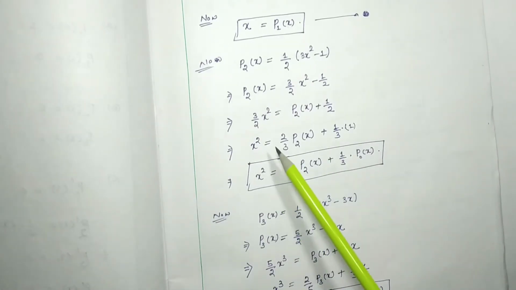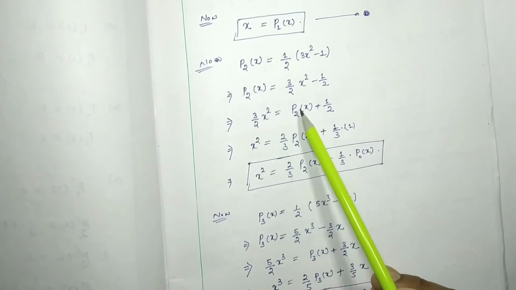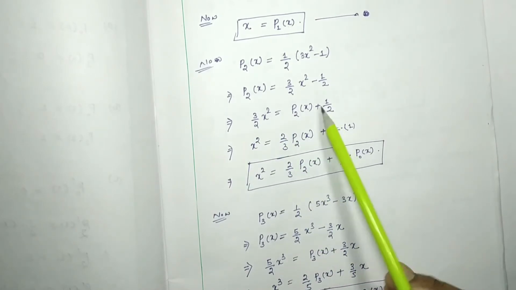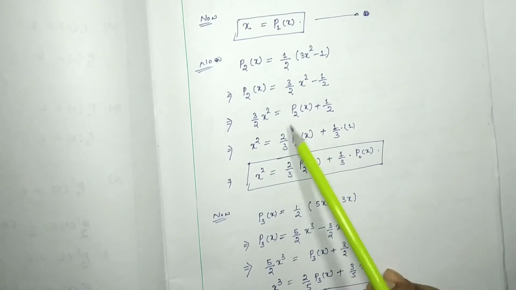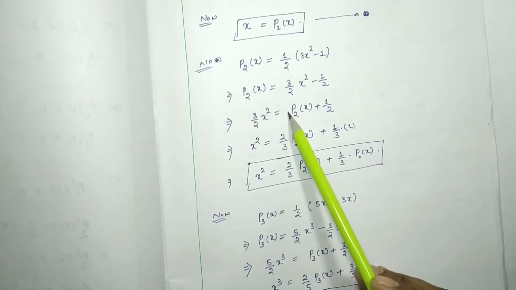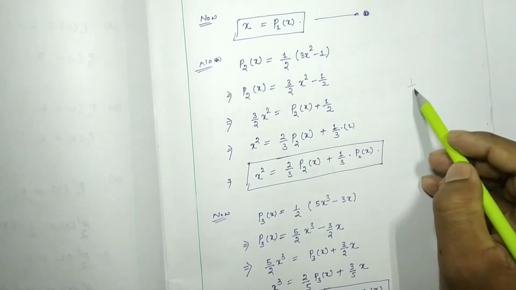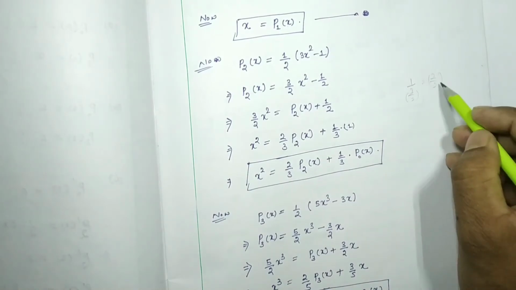So x square is equal to, here 3 by 2 is going to be divided, so this side it will be 2 by 3. 3 by 2 gone this side, that means 1 by 3 by 2 will be 2 by 3.